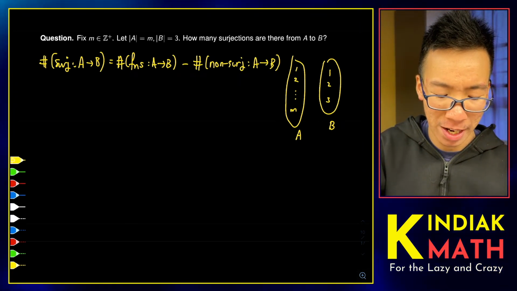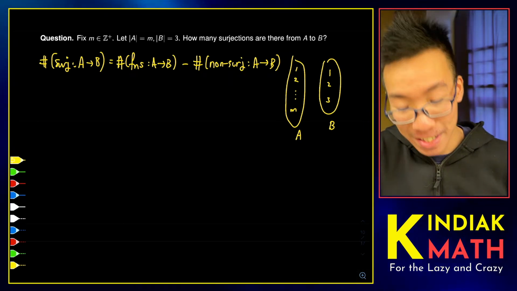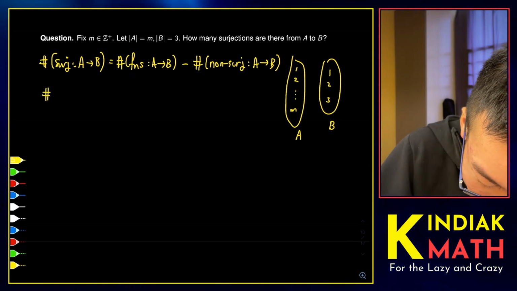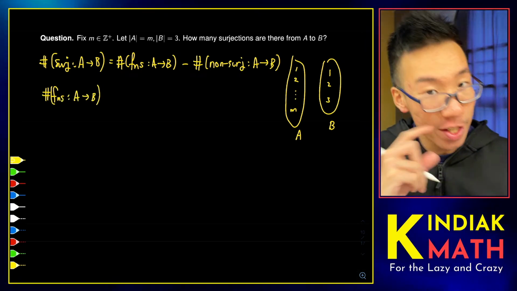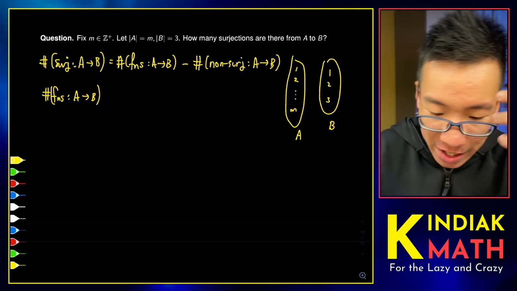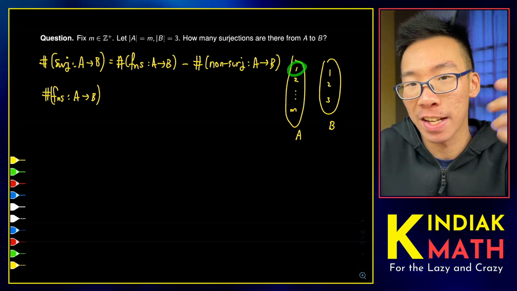You might be wondering, wait a minute, how is the number of non-surjections any easier? Well, let's just look at the number of functions. We've seen just now, right? The idea of the number of functions is that every item here has exactly one output.